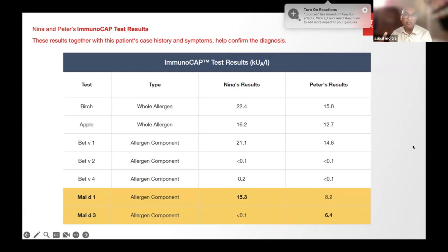So we see here that the treating physicians have embarked on the ImmunoCAP, because we all can see that it's an oral allergy syndrome because of the Bet v 1 component, and they have gone directly into the ImmunoCAP. Maybe they have done a little bit of SPT.